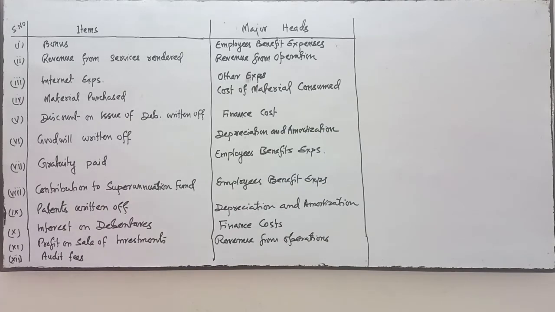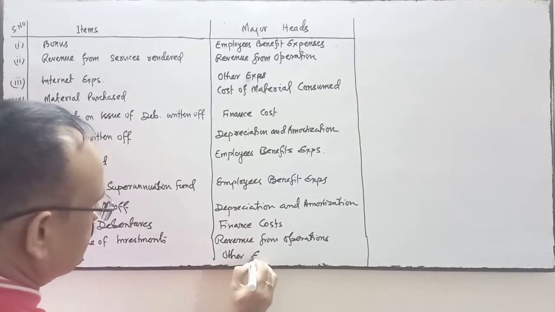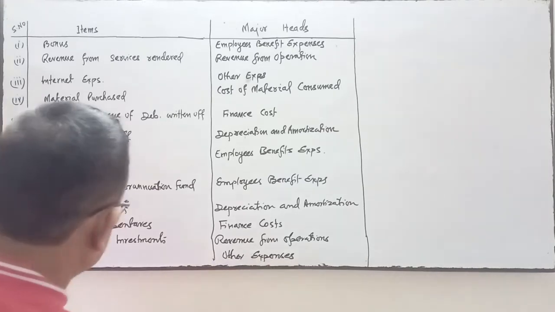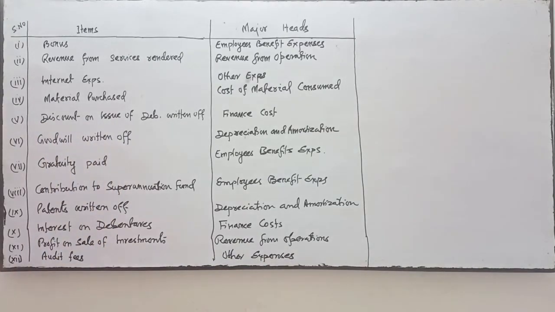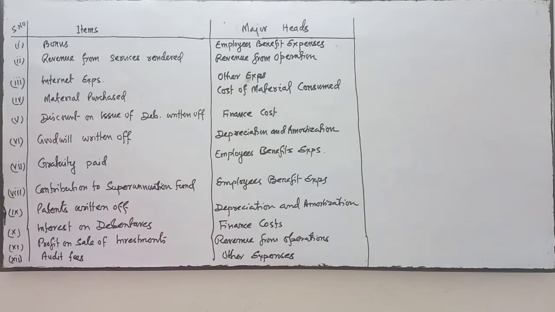Next is audit fees. Audit fees comes under other expenses. So these are the items and these are the major heads. Is it clear?